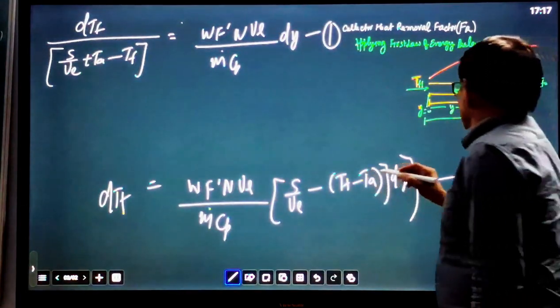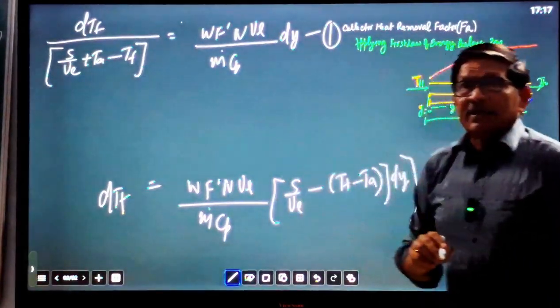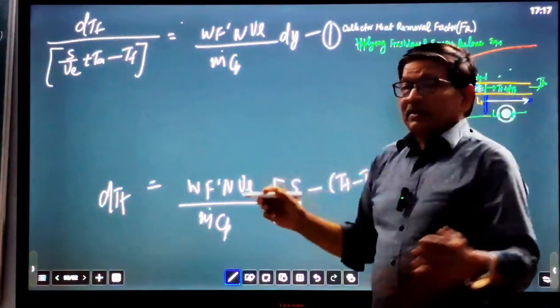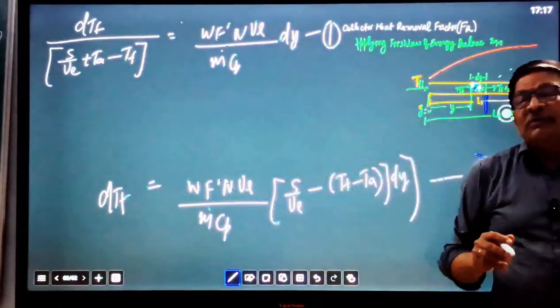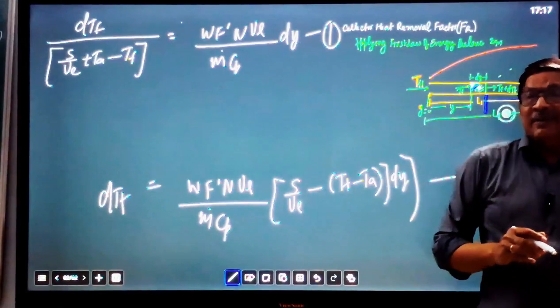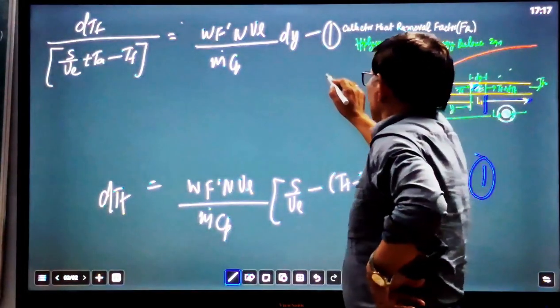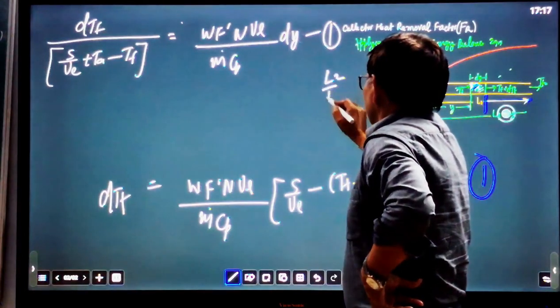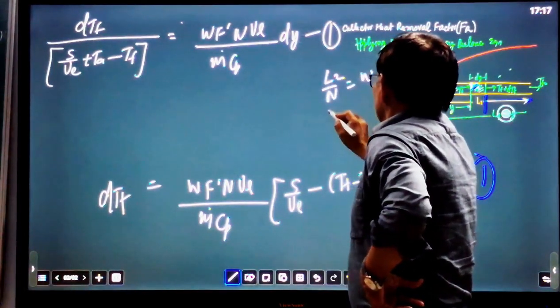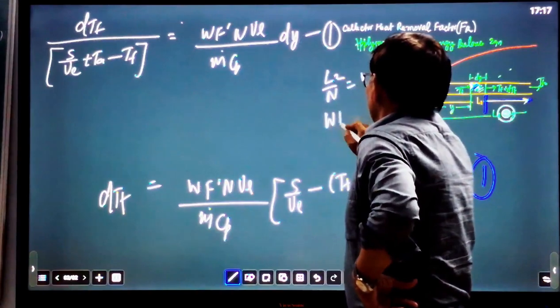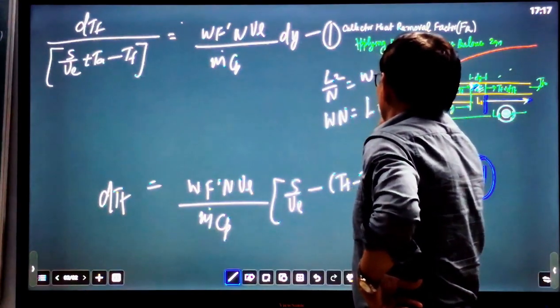Earlier, in defining the collector efficiency factor, the length of the collector tube was L1 and the width of the collector was L2. We defined L2 by n equal to W, so W into n can be written as L2, the width of the collector.